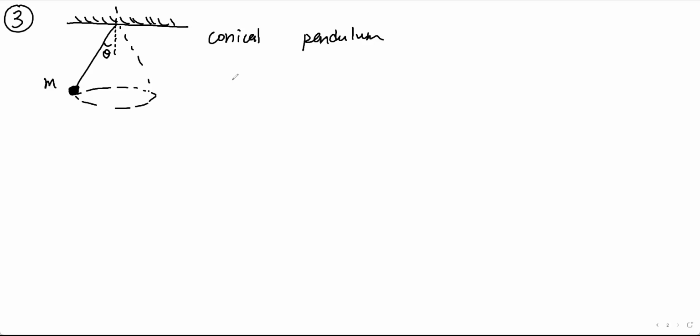Now let me test your common sense. If the object is moving in a circle and you increase the speed of the object, how does the angle change? The angle will be greater, is it? Genius, yeah.